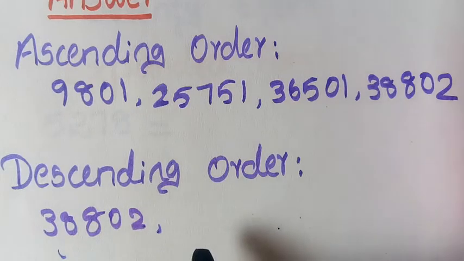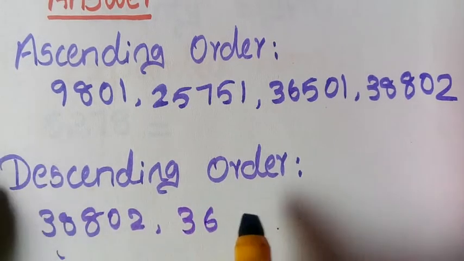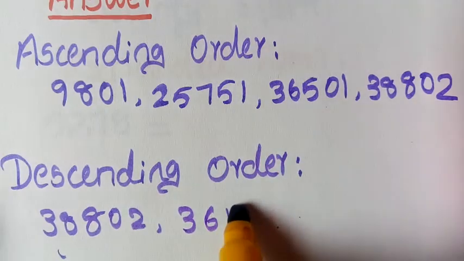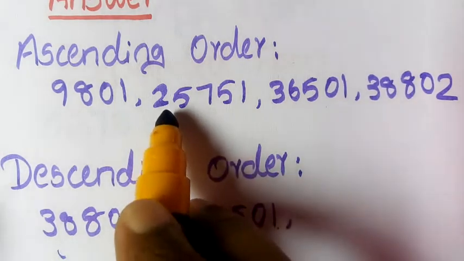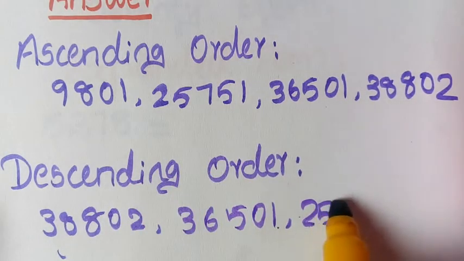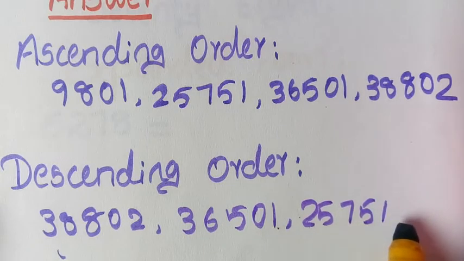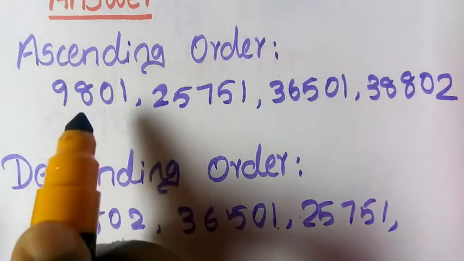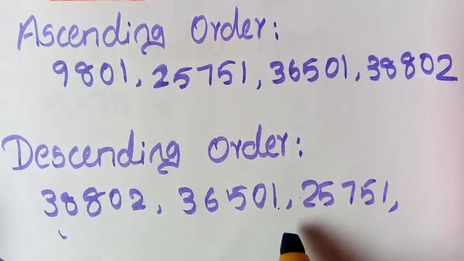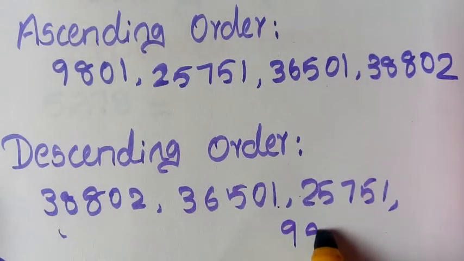And the next greater number is 36,501. Next number 25,751. And the next number in this order is 9,801.